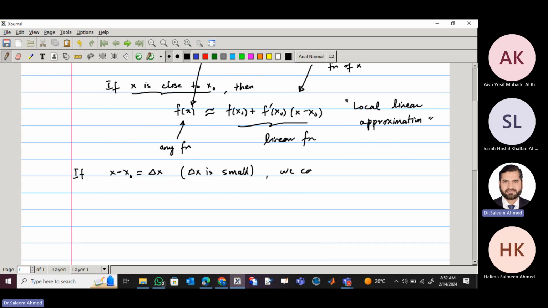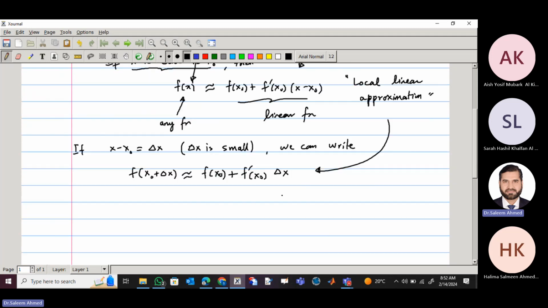We can write the above equation as f of x naught plus delta x approximately equal to f of x naught plus f prime of x naught times delta x. These both are the same. This is also called local linear approximation, but here delta x has to be small.